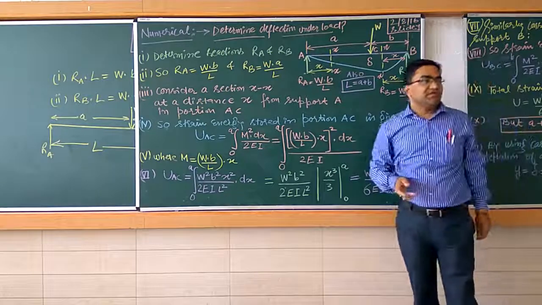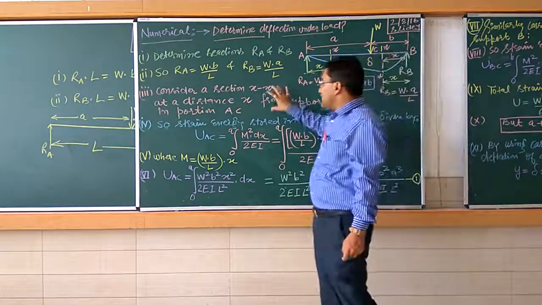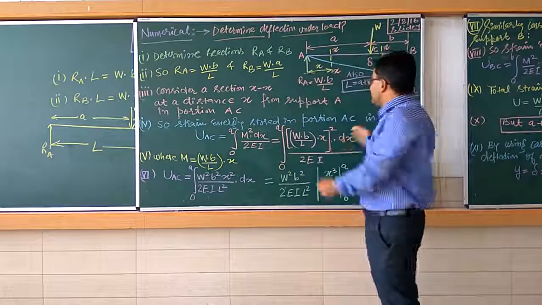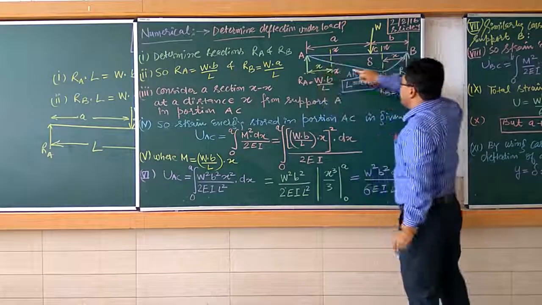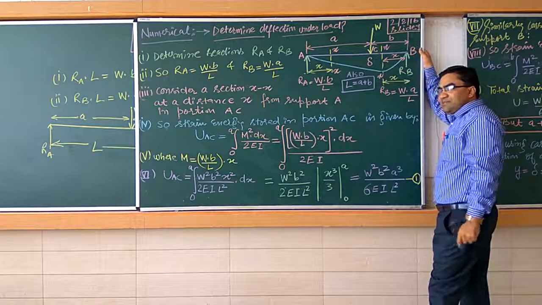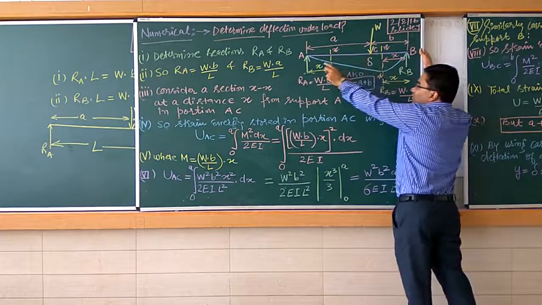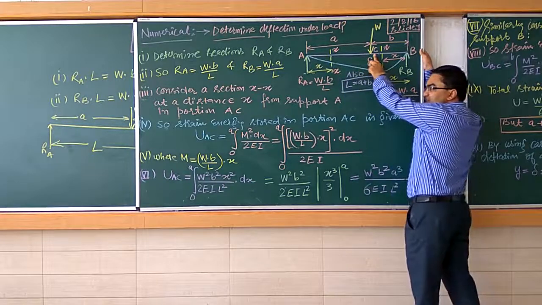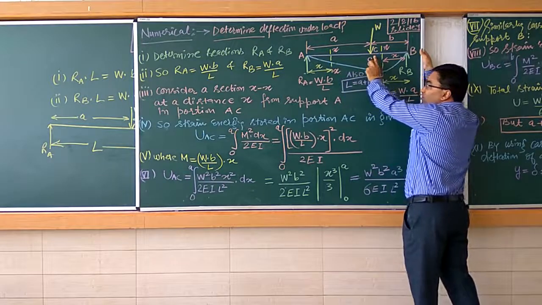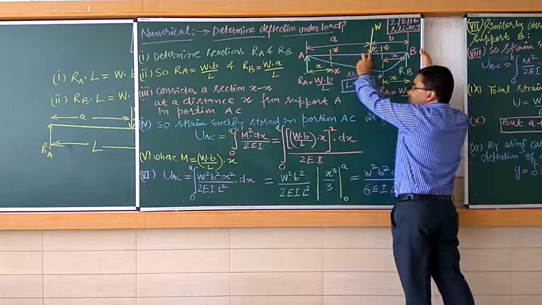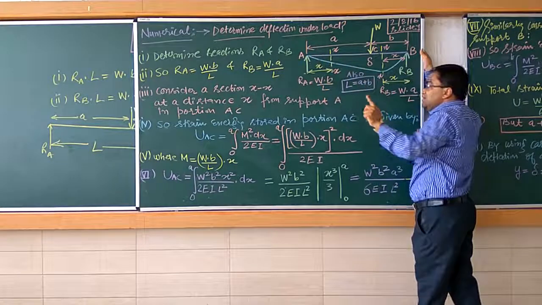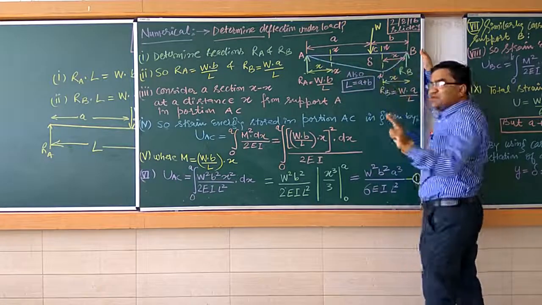What is the need of all this? Basically, we need to calculate the two strain energies. We are dividing the whole beam into two parts because the load has been applied onto it at point C. Due to this application of load, the portion AC has been strained, point number 1. Similarly, the portion BC has been strained.